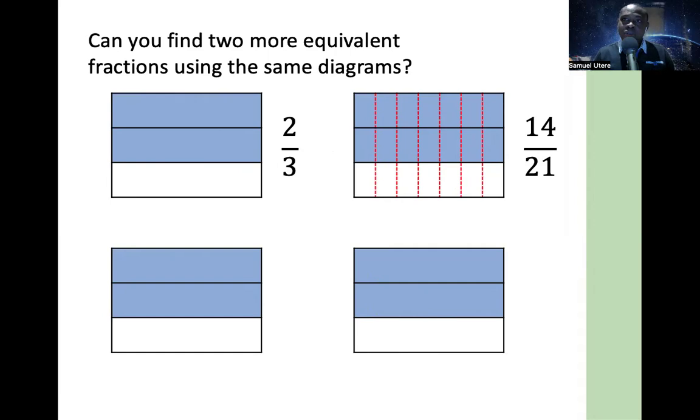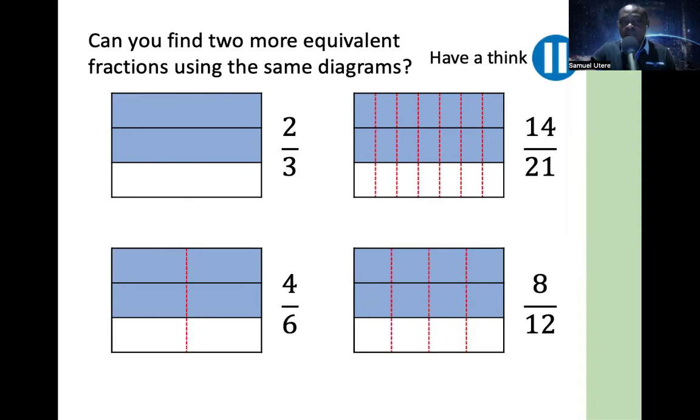Work with your partner or with your parents or anyone you're currently watching the video with, or you can try it yourself. Well, we can, because we can get something like this, 4/6, and we can also have 8/12. So these are all equivalent fractions.